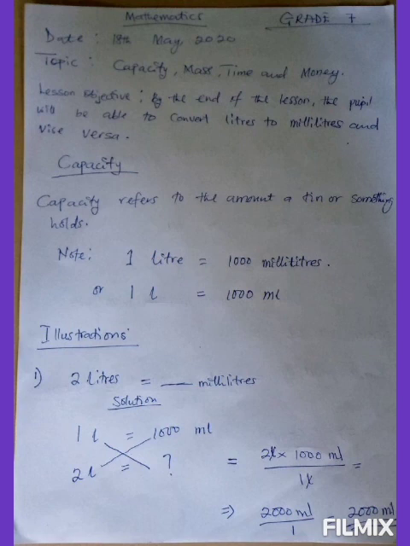When we take a bottle of petrol, which is 1 liter, and we want to measure it in milliliters, we will get thousands of milliliters, which is only 1 liter. Now, the symbol for liter is L, whilst milliliters is ml.